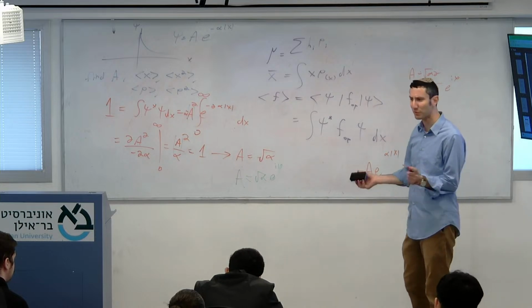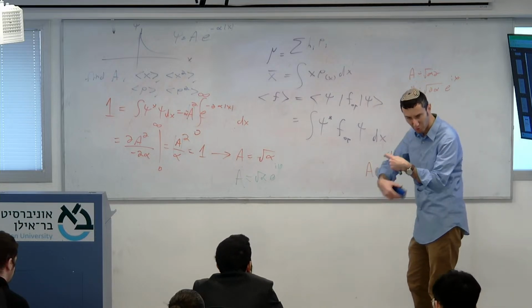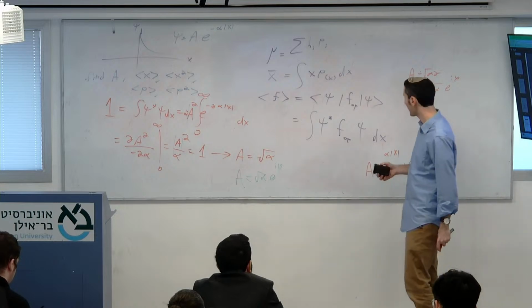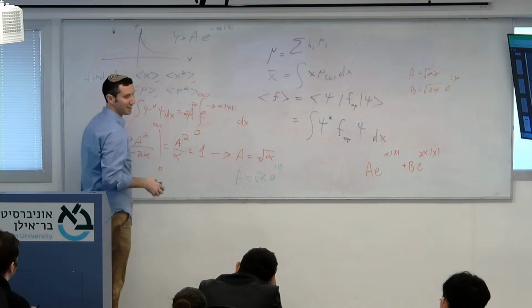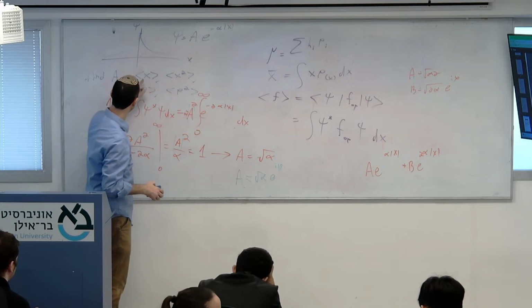I'm not expecting you to fully understand what I just said. When it's going to come up again, then you'll understand it better. So this is my function. Now I need to find these things.